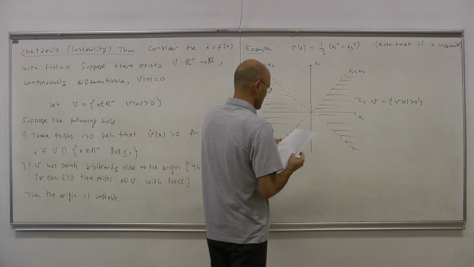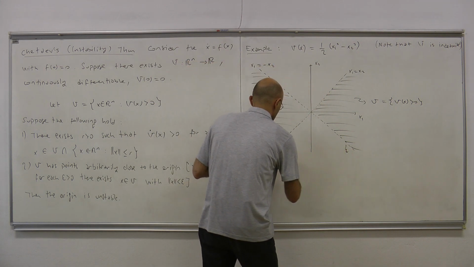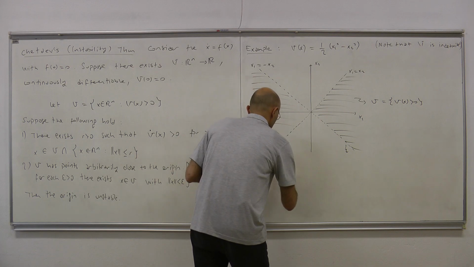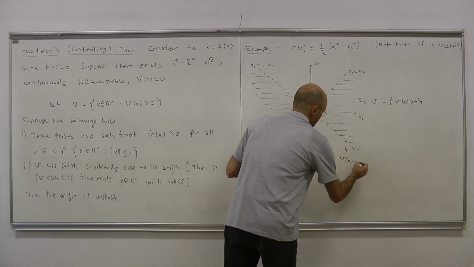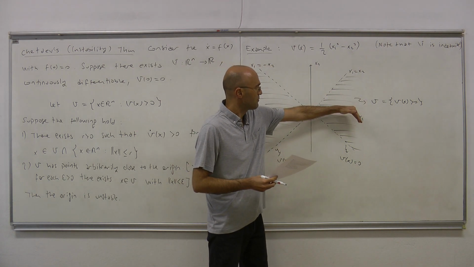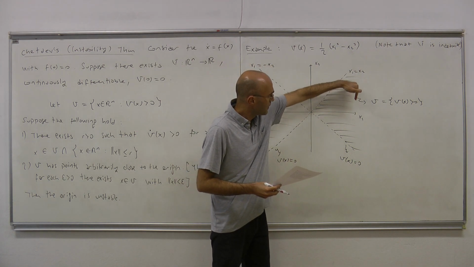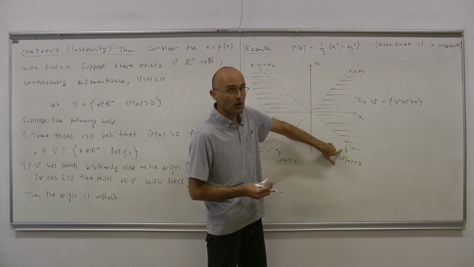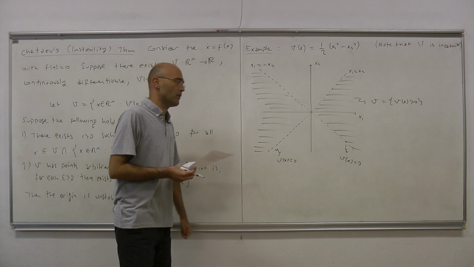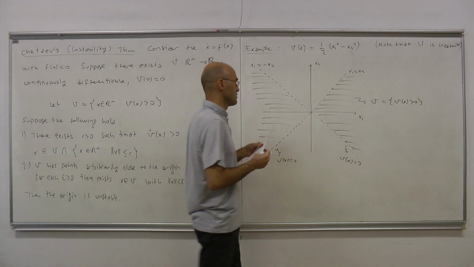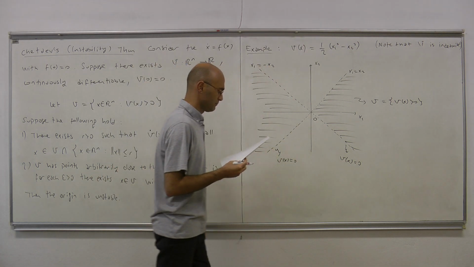And here and here, V of x equals 0. So here we're positive, and then if you move in that direction, we become 0, and then we pass to the V less than 0 region, or V negative region. And this is the origin.